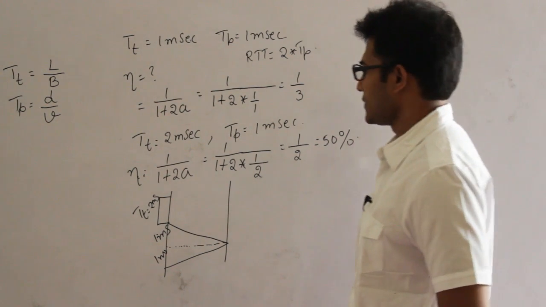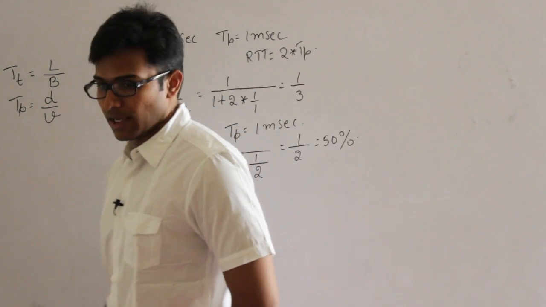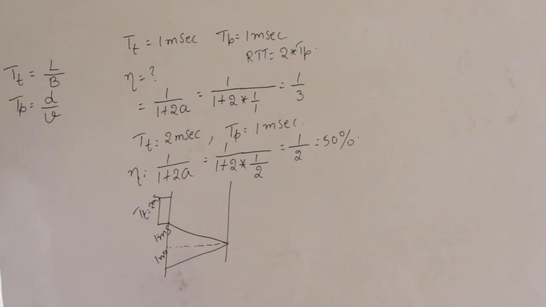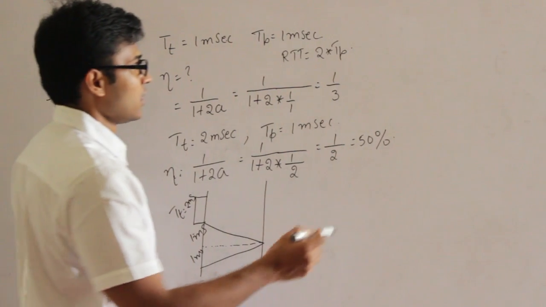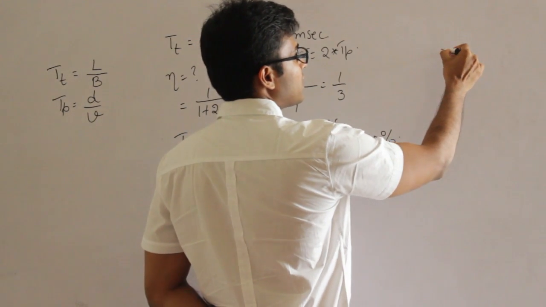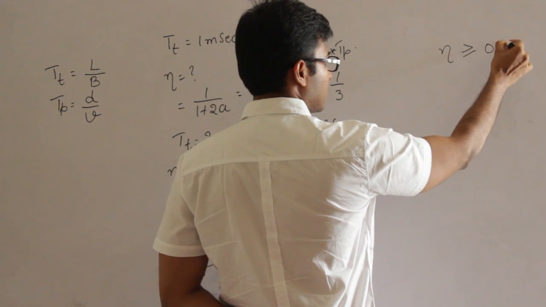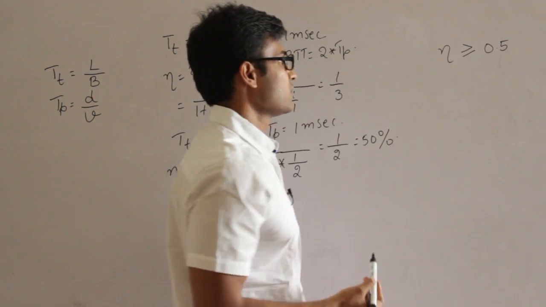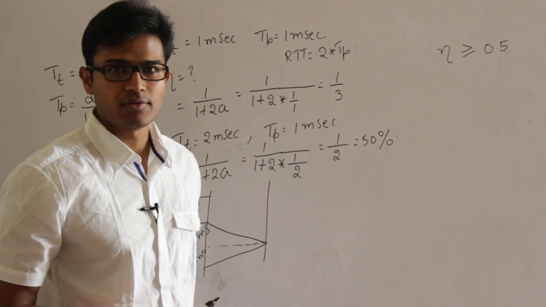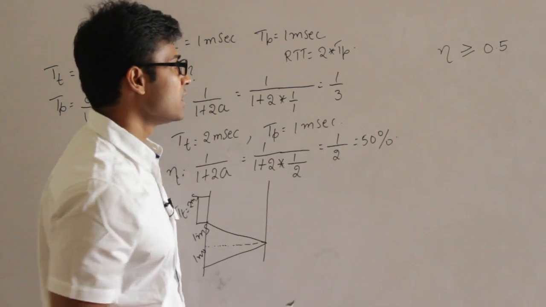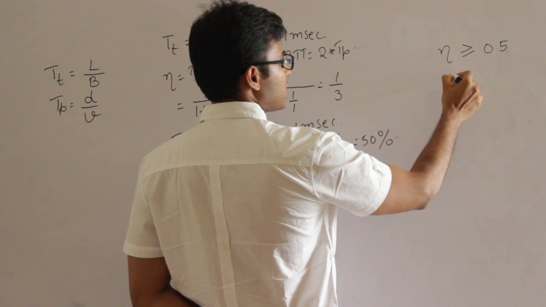Now sometimes they will ask you, if the efficiency has to be at least 50%, then what is the relationship between TT and TP? So if efficiency should be greater than or equal to 0.5, then what should be the relationship between TT and TP? So what is efficiency?